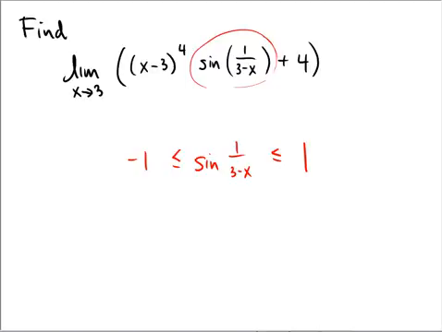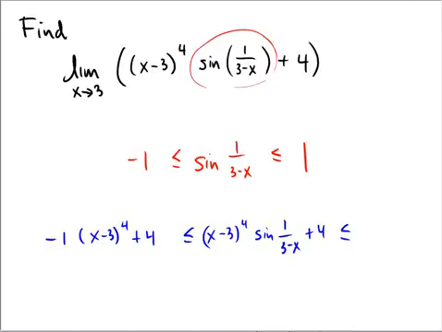So therefore, -1 times (x - 3)⁴ plus 4 will certainly be less than or equal to (x - 3)⁴ sin(1/(3 - x)) + 4, which will be lower than 1 times (x - 3)⁴ plus 4, right?